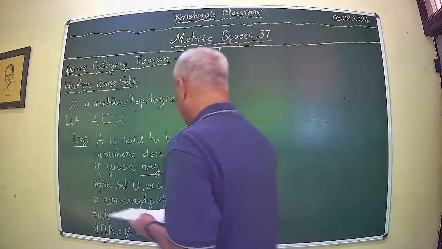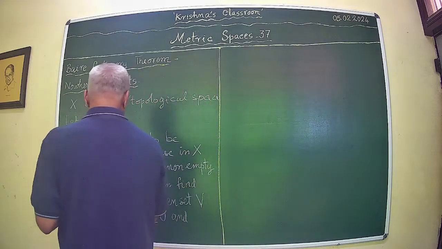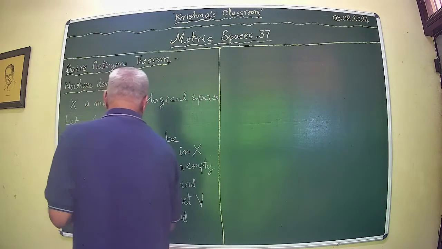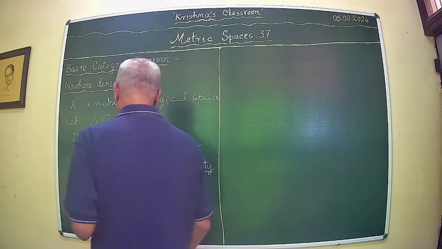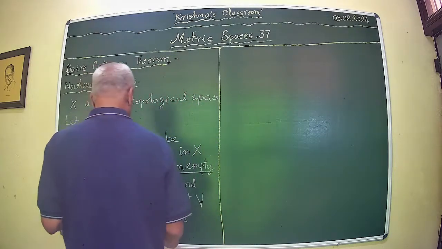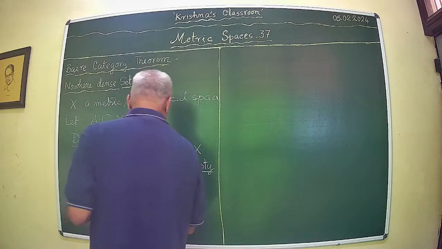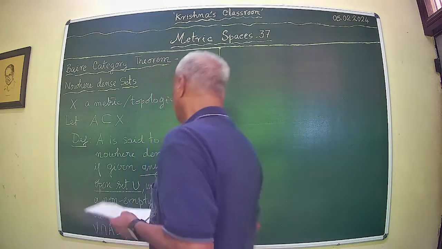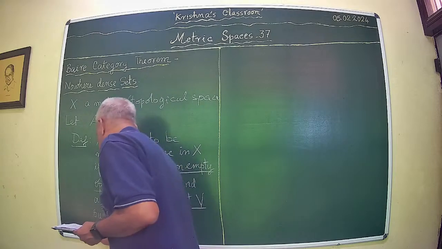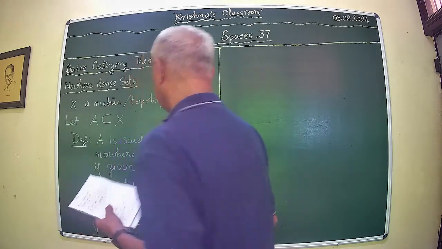So this is, any non-empty open set U, we can find a non-empty open set V. V is contained in U and V intersection A is empty.